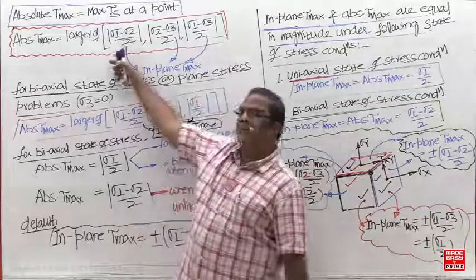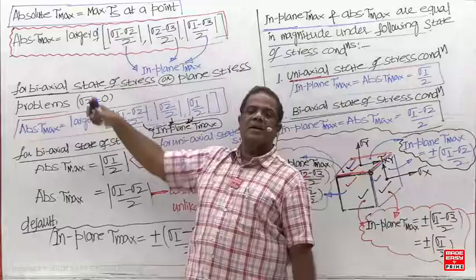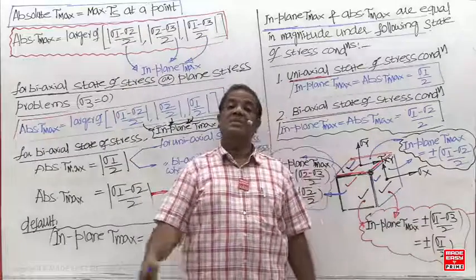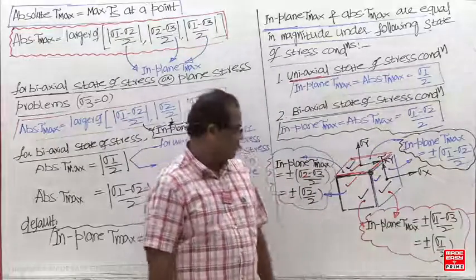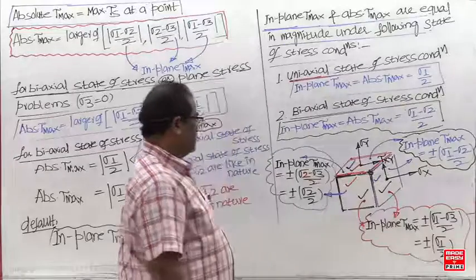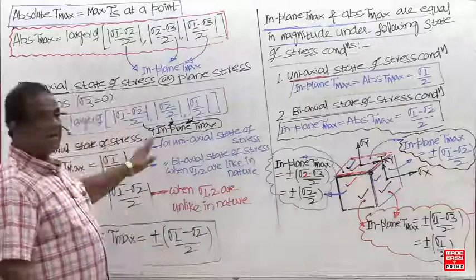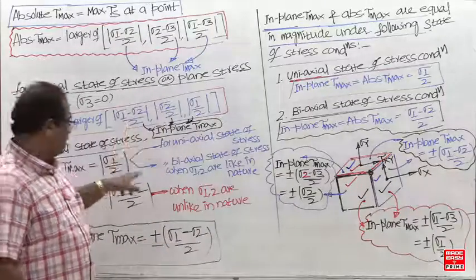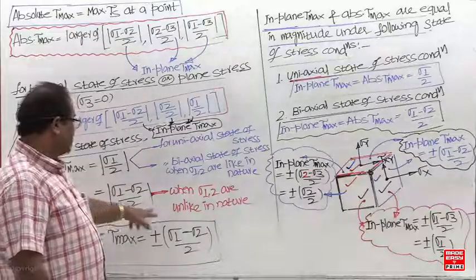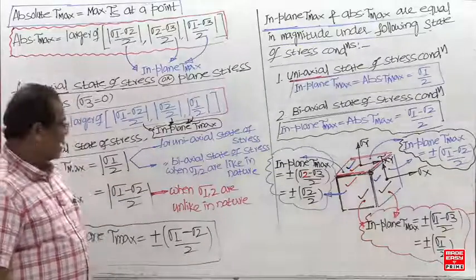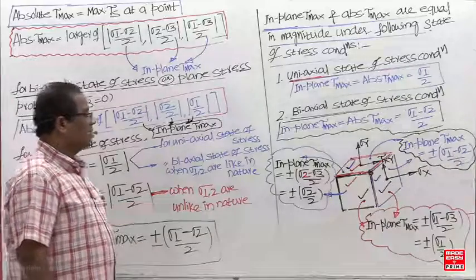That only I have written here. So whenever it asks at a point, you have to go for absolute tau max. But for biaxial it can be given directly: for like nature, sigma 1 by 2; for unlike nature, sigma 1 minus sigma 2 by 2.